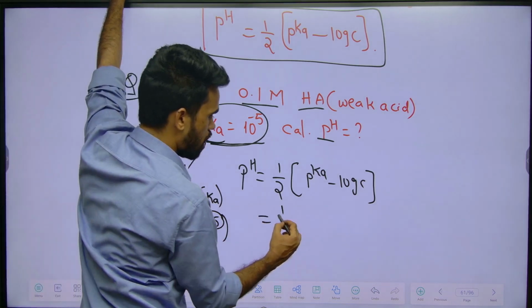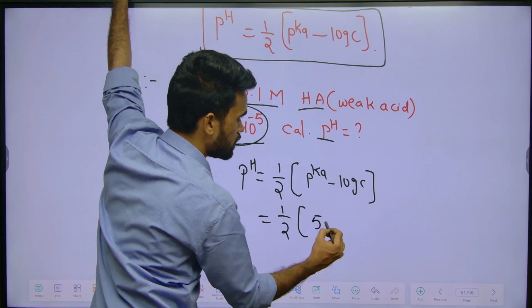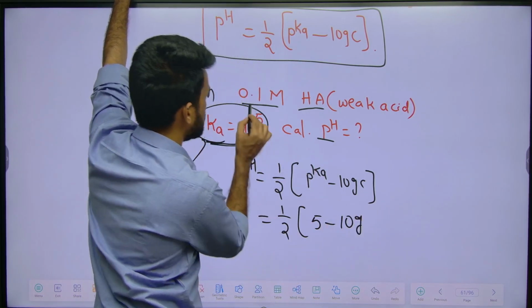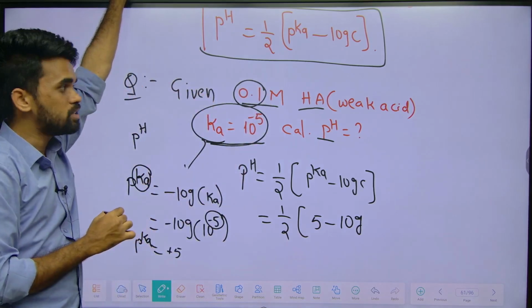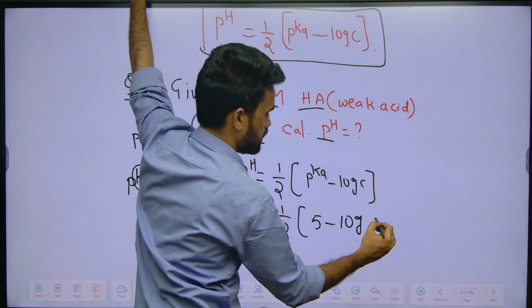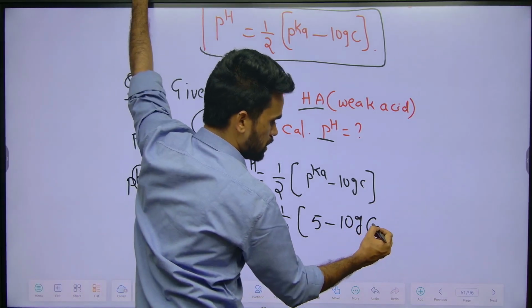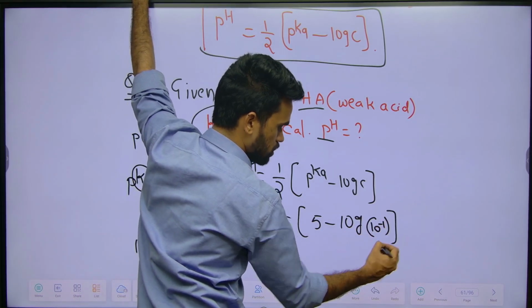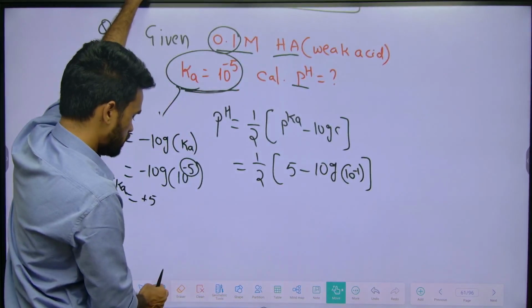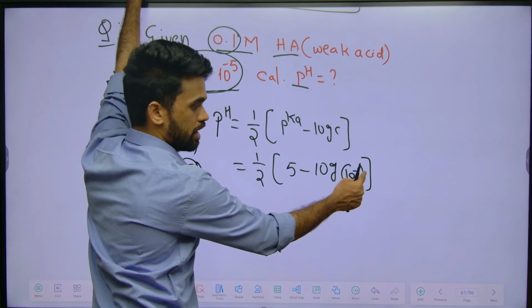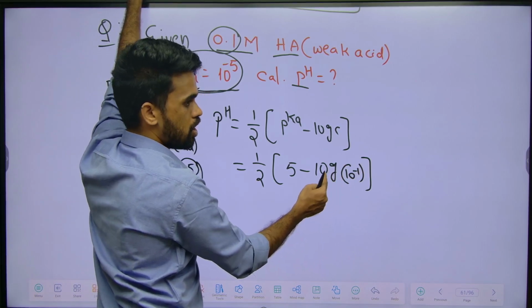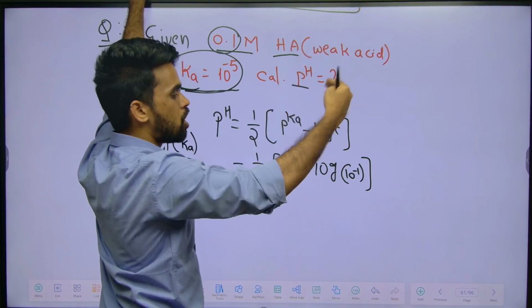So this is half into 5 minus log C. What is C given as? The concentration is given as 0.1. So 0.1 can be written as 10 power minus 1 also. If there is a power like this in terms of logs, log A power B means B log A, we can write.